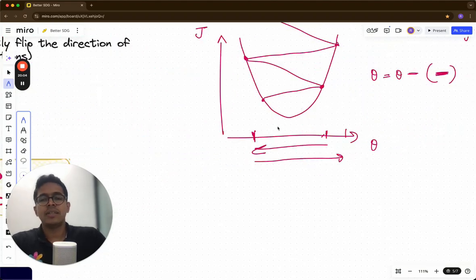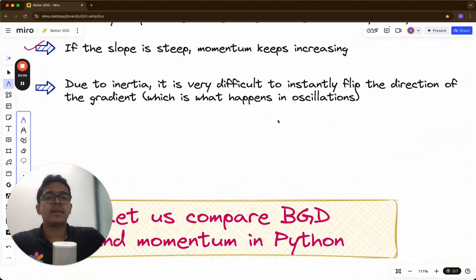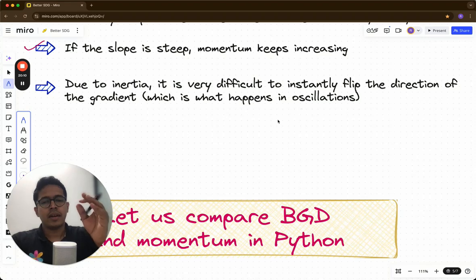So this can in effect avoid the oscillations, which you can visualize when we implement momentum in Python. So these are some advantages of momentum. It's fascinating actually. I absolutely love this concept because I'm sure whoever thought of this for the first time probably thought of some physical system analogy.